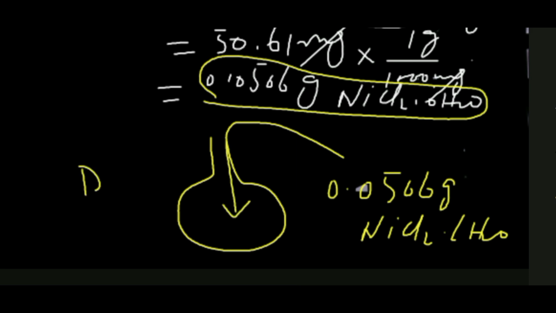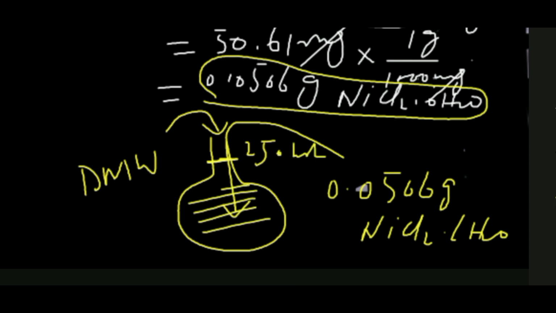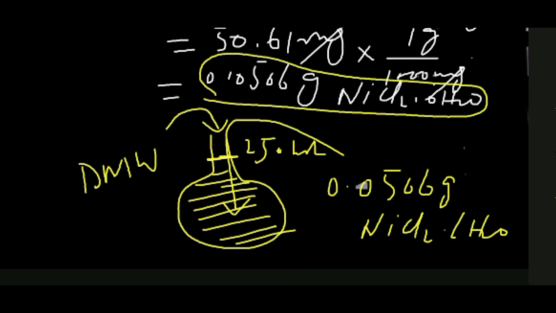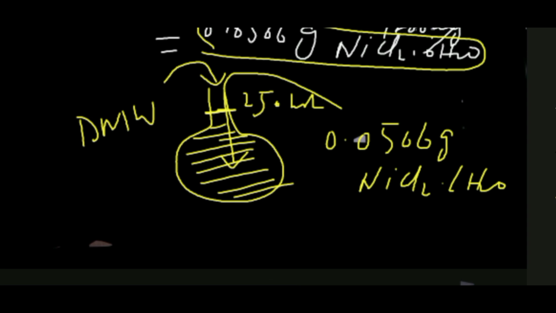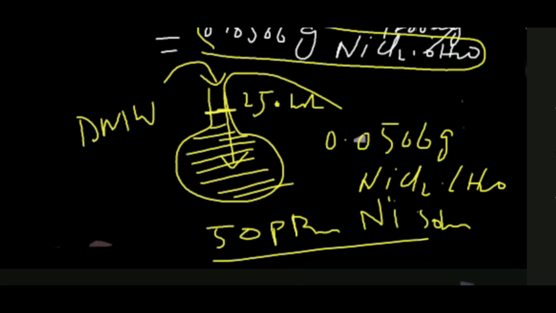After that, DMW will be added to the same flask and make the volume up to 250 ml. So in this way we will get 50 ppm nickel standard solution.